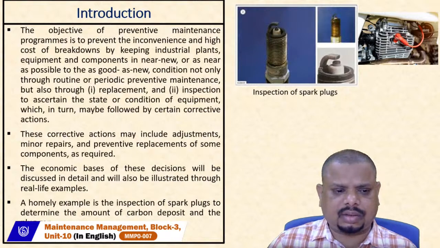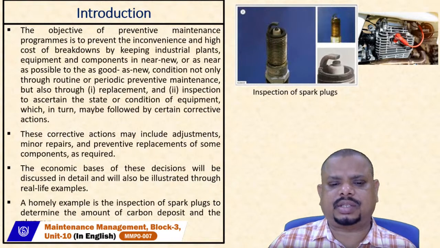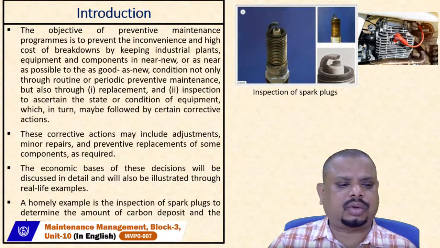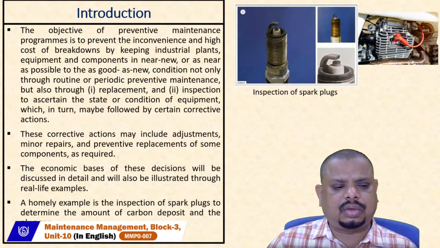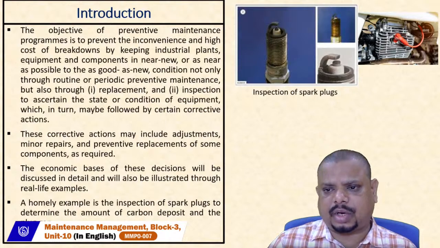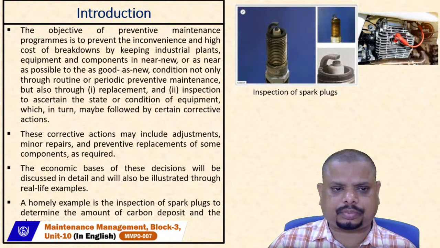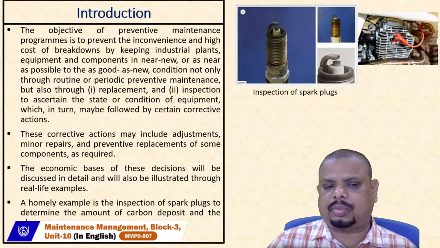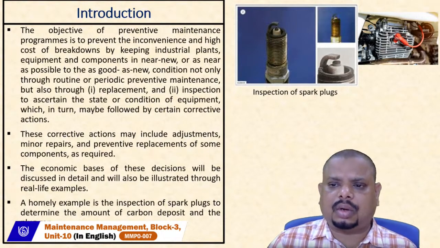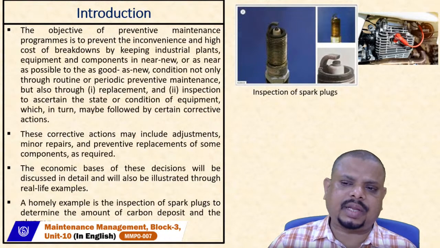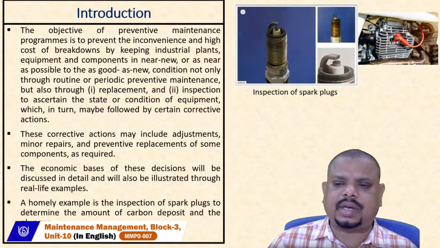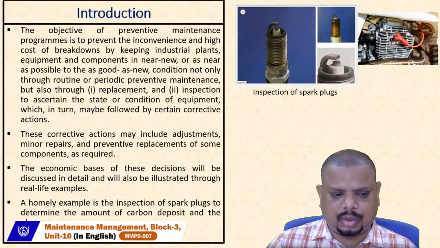In that case, the economic basis of these decisions will be discussed in detail, and it will also be illustrated through real life examples. I have already given the example of how spark plugs should be included under preventive maintenance to avoid breakdowns in the starting of engines or ignition inside the combustion chambers. Moving to the next one.